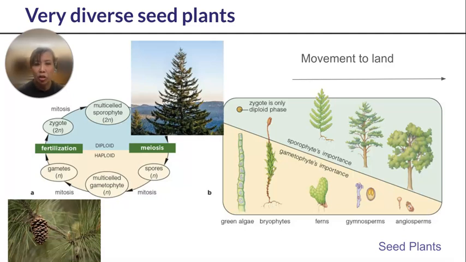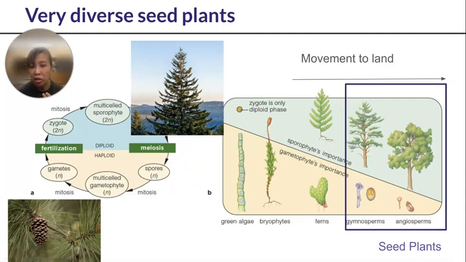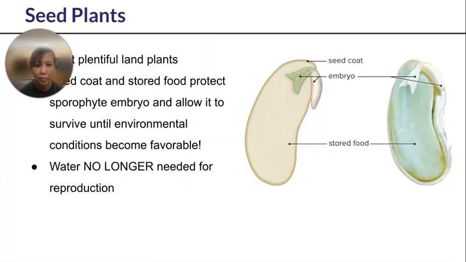And so here I'm just showing you an example of a gymnosperm, where I'm showing you the pine tree and an example of a gametophyte, which would be a pine cone. We're going to focus, as I mentioned, on two different lineages. We're going to be focusing mainly on the gymnosperm and the angiosperm. But first, let's just look at seed plants as a whole.